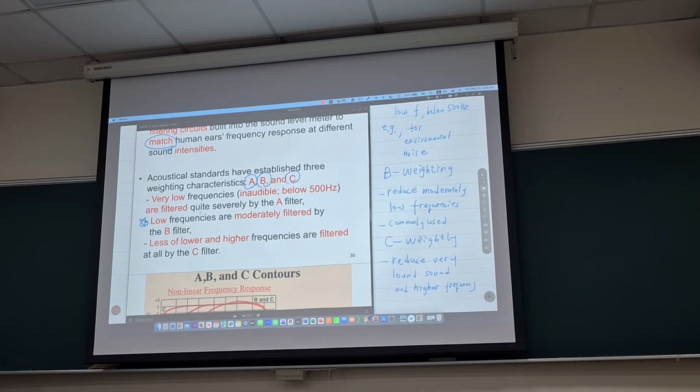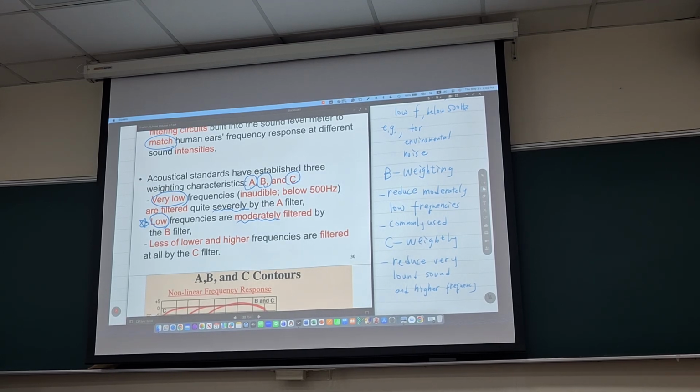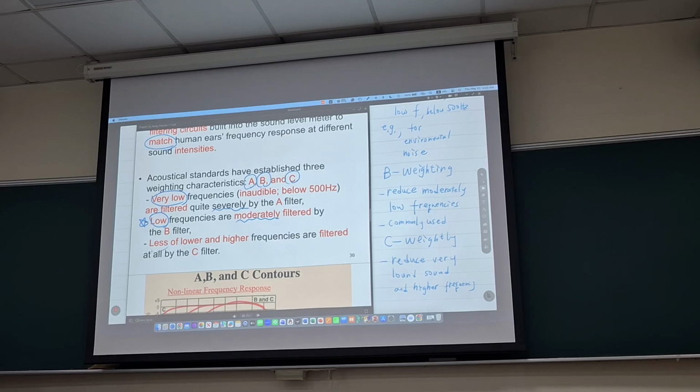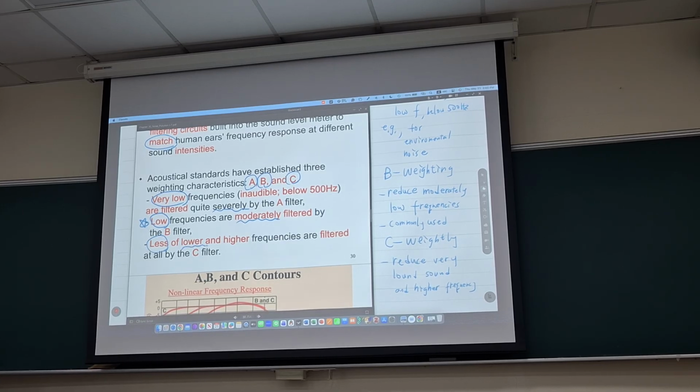Okay, so the A filter filters very low frequency, severely, a lot. Low frequency can also be filtered by the B filter, but a little bit less, lower and higher.